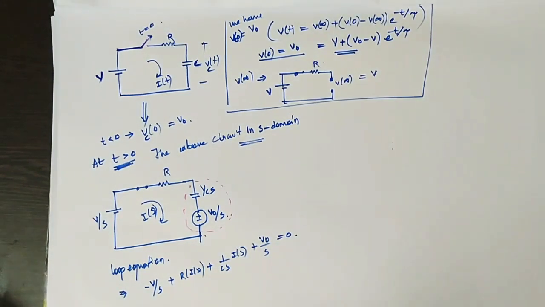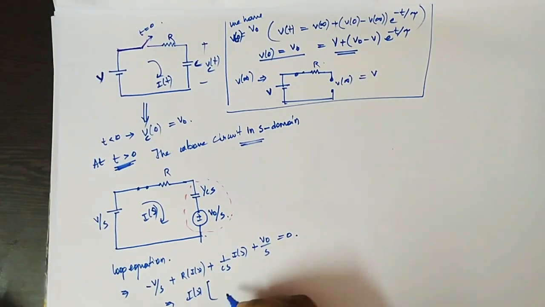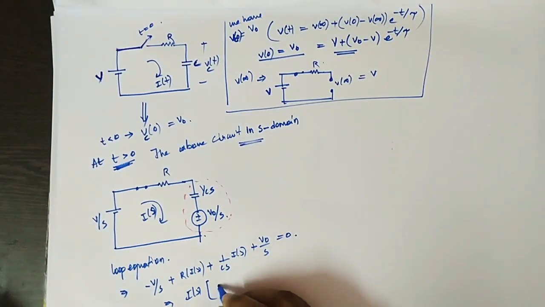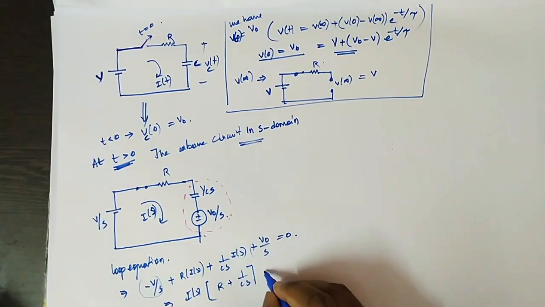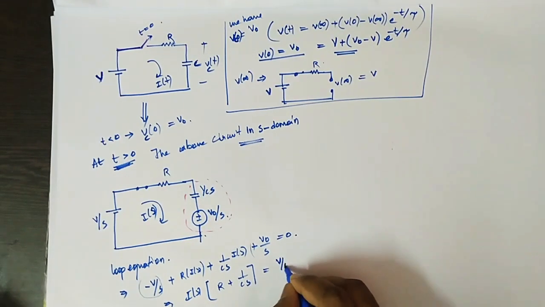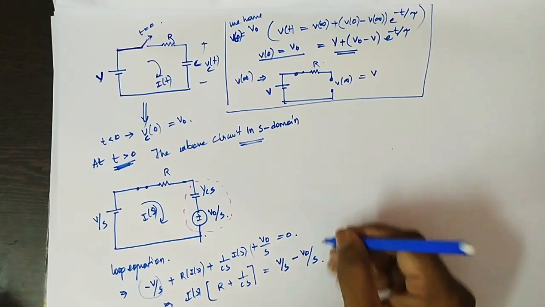Okay, so take I of s common: R plus 1 by Cs, and take these two constants to that side, V by s minus V naught by s.